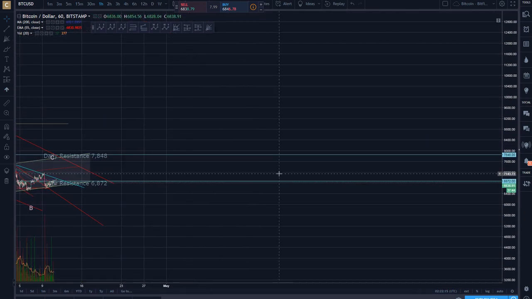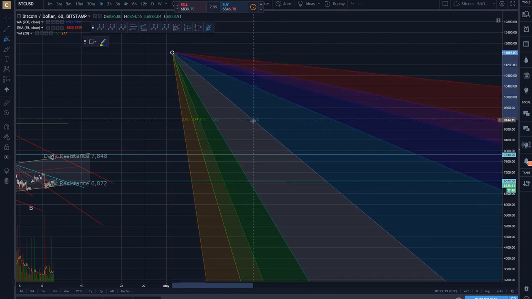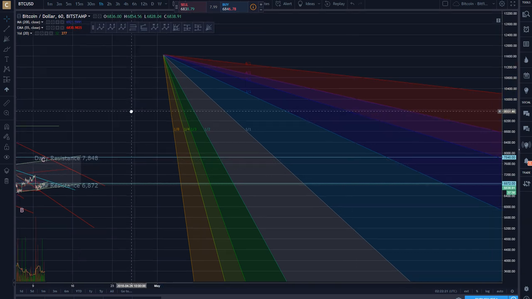When you see the GAN fan, I'm just going to draw something. When you see the market coming down, zigzagging back down, and then you see it kind of going sideways, right?